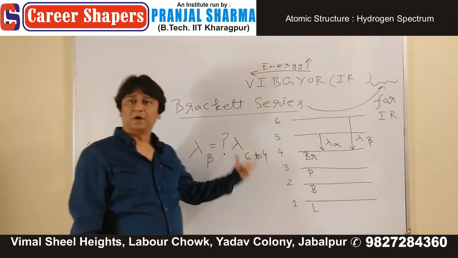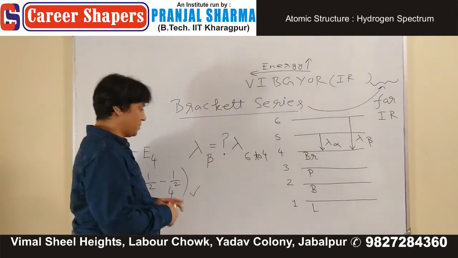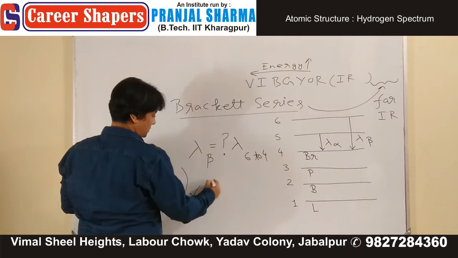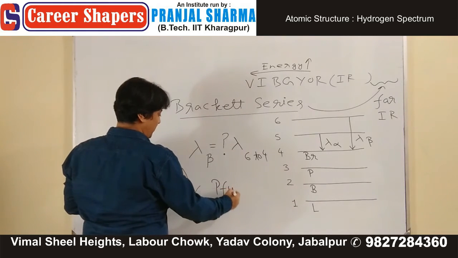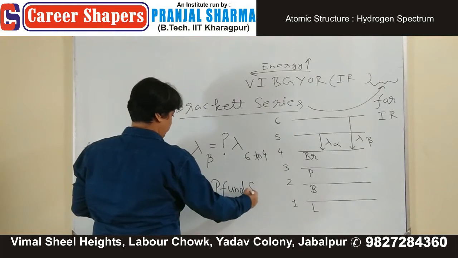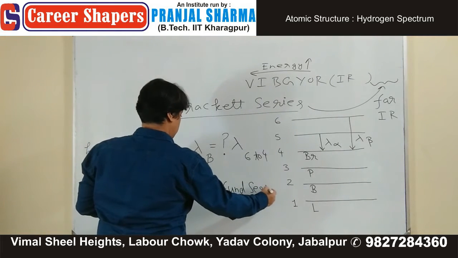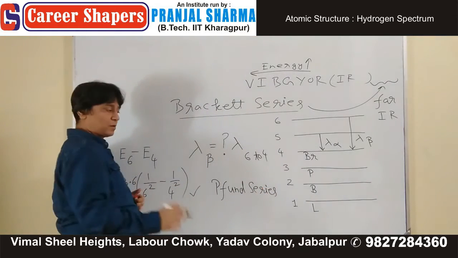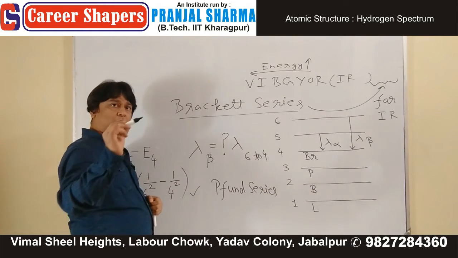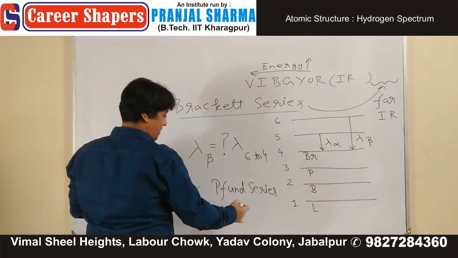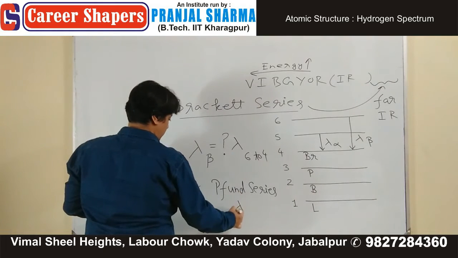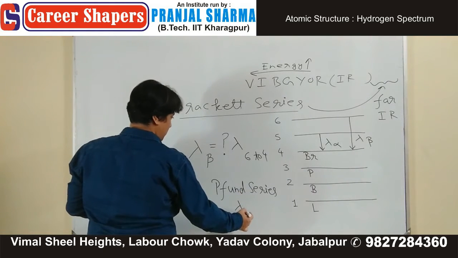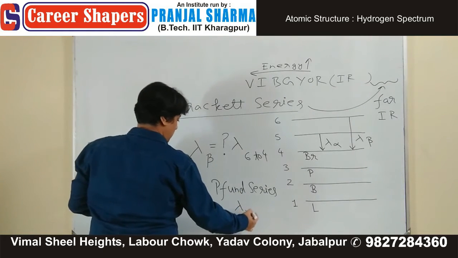The next one is Pfund series. I hope everybody knows about that. It's a simple repetition of all these parts, and therefore without taking much of the time, get me lambda gamma.